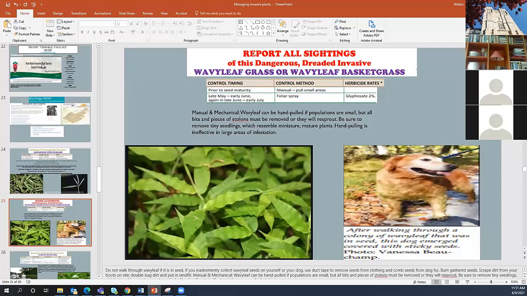So Cher says she knows she missed some due to a bad connection, but for a long time she thought invasive plants were just aggressive in their growth patterns. But what's the difference? I'll go back to this slide.